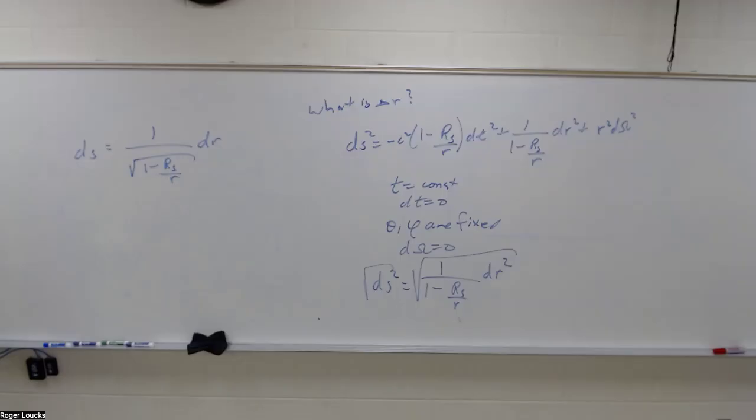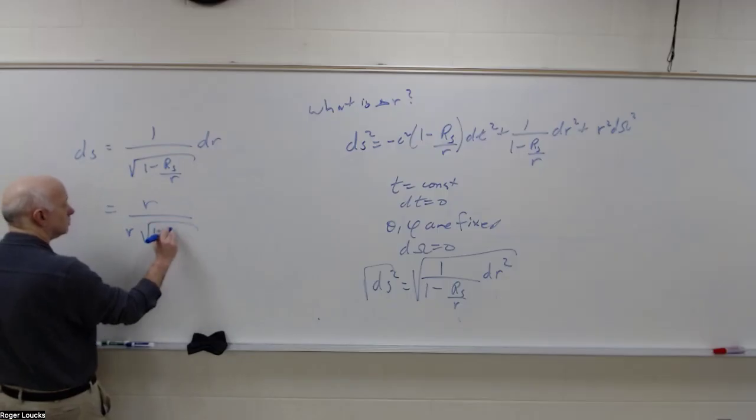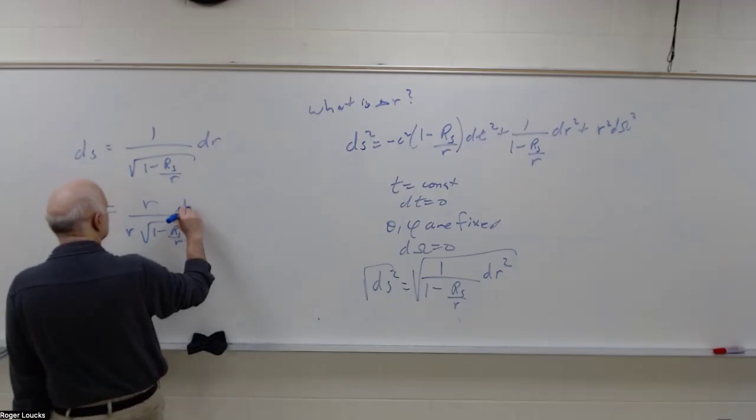Okay, so let's put it in a slightly better form. You can work on all the details in homework, but I'll give you the push here so you can see it's not going to be 1. And that looks a little ugly. Make it look a little prettier. I'd probably multiply the top and bottom by R. Why would I do that?